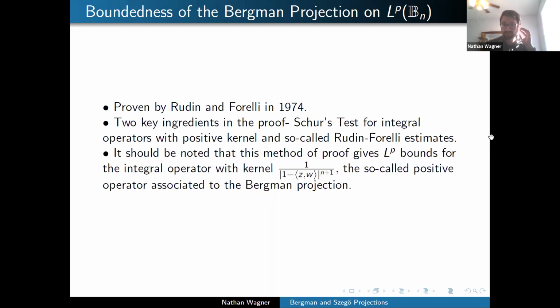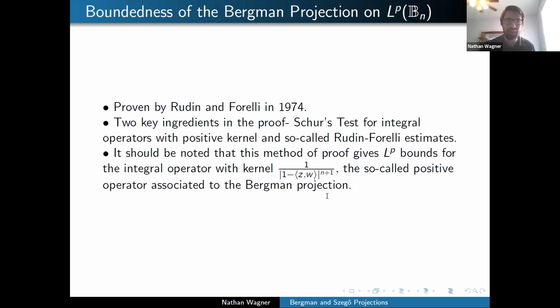And this is sort of just a side note, but it turns out that proving things in this way gives LP bounds for the integral operator with this kernel. Instead of the Bergman kernel, we have the absolute value of the Bergman kernel for the ball. You might call this the positive operator associated to the Bergman projection.